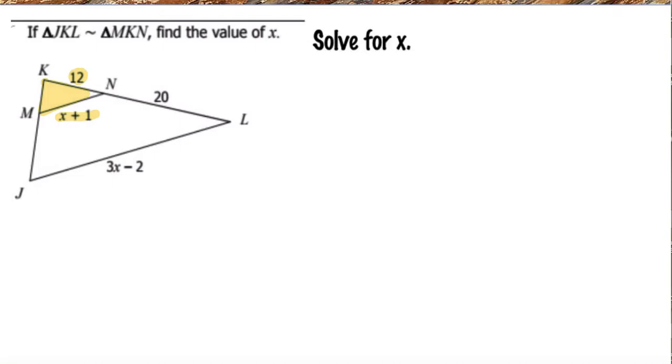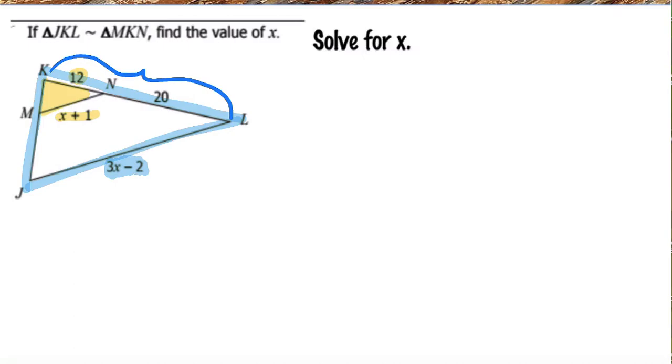We have a larger triangle that overlaps with it, and it has the bottom labeled as 3x minus 2, and it has labels along the side KL. And when we are wanting to compare these similar triangles in order to solve for a variable, you must list your corresponding sides in your ratios for your proportion.